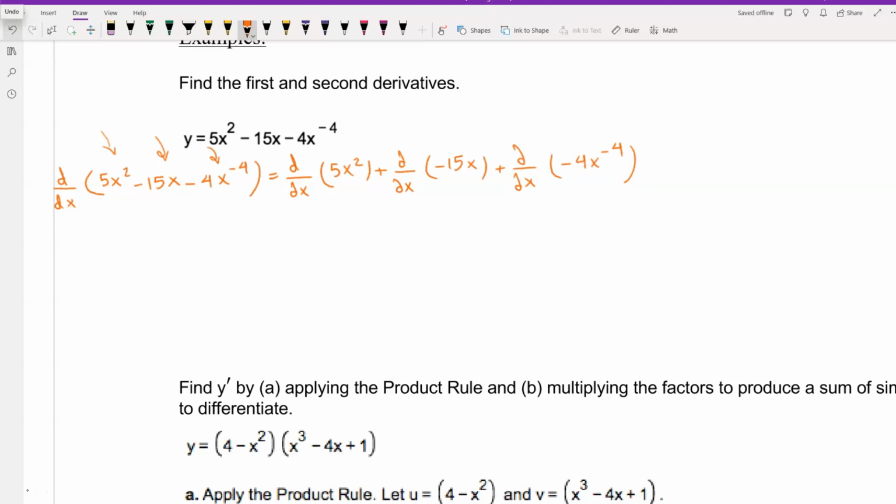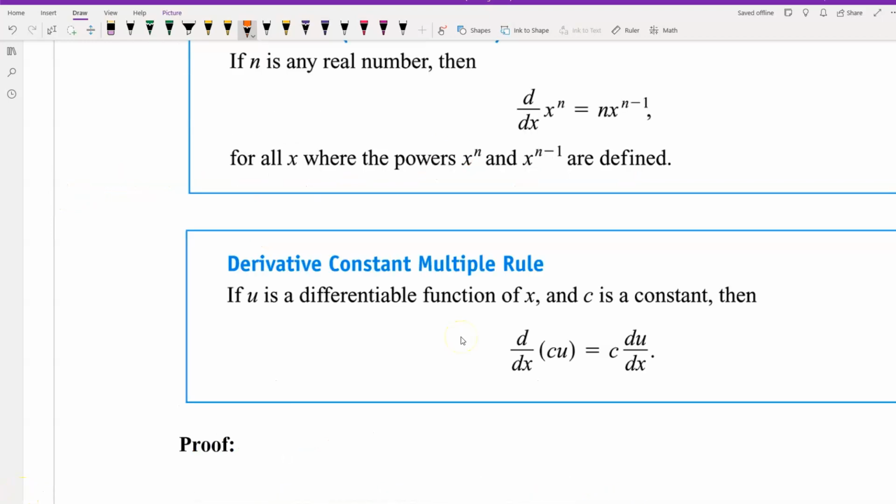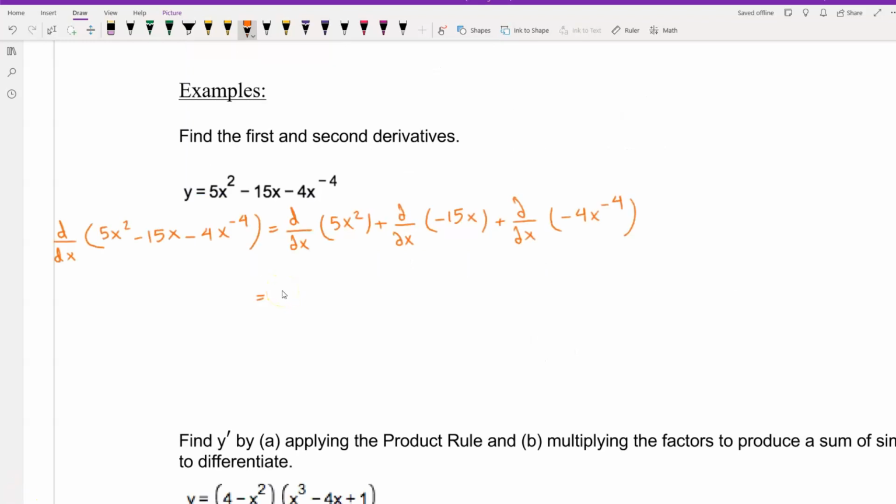So derivative of 5x squared, that is equal to, so this one is using the derivative constant multiple rule. So in that case we have 5x squared, and we're going to have 5 times the derivative of x squared. I'm going to write all steps.